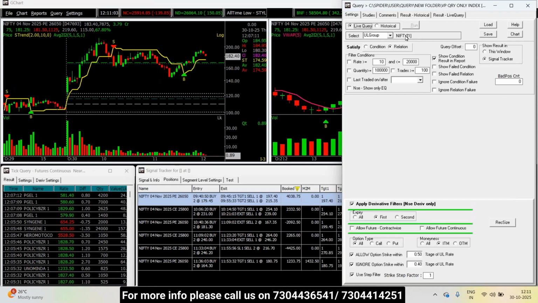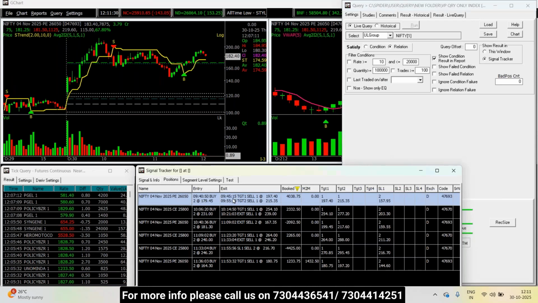In the Nifty I'll get the signals, and based on that I gave some filters: in the money, and the percentages of the underlying rate, which is the current price. According to that I gave the percentages. Within these parameters, I'll get the signals. Now I got signals from these parameters.